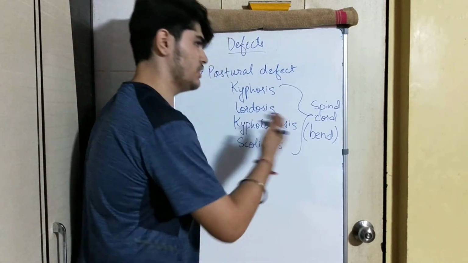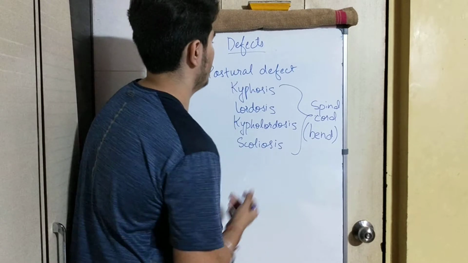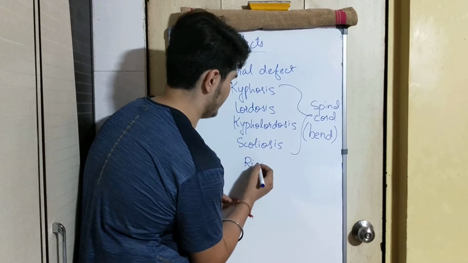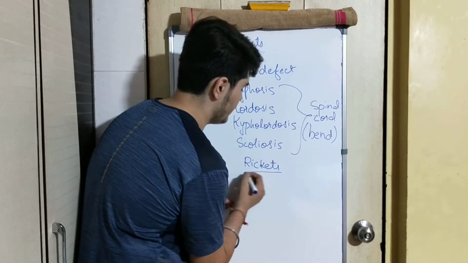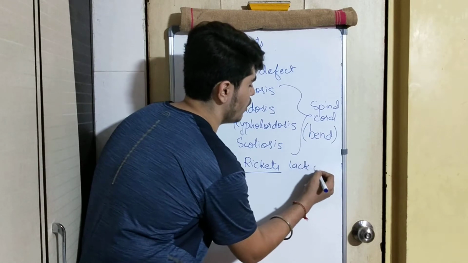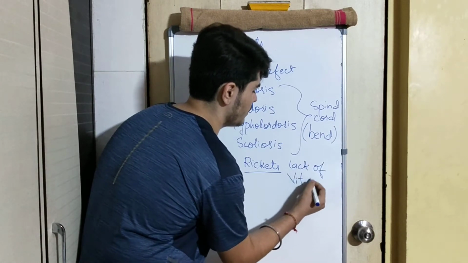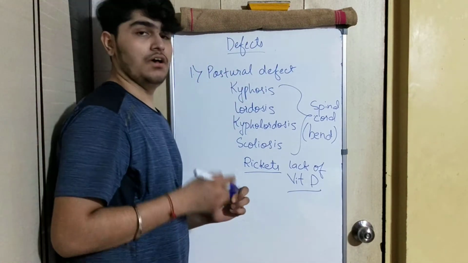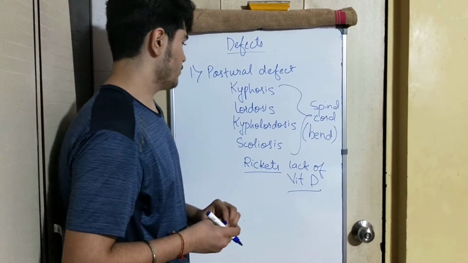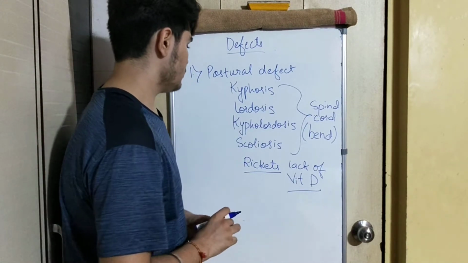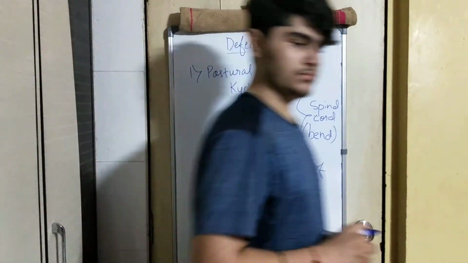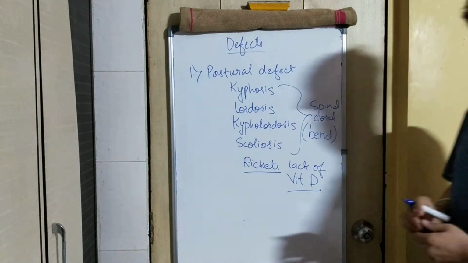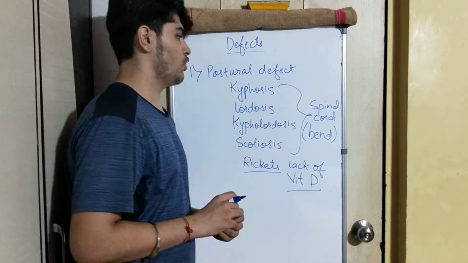And there is one more example, that is rickets. We all know it. It is caused due to lack of vitamin D. So these are the postural defects. You can copy it down. I hope you have copied.